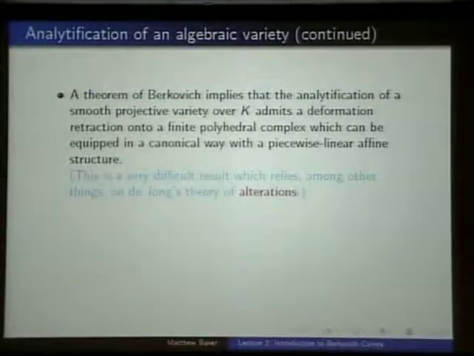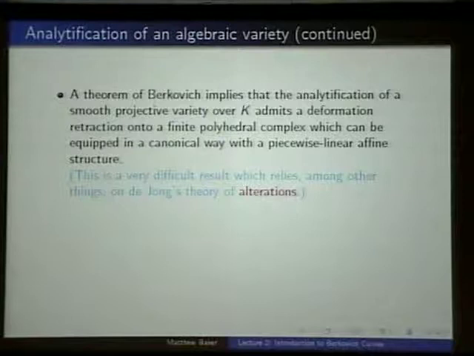And a theorem of Berkovich says, it's somehow much more general than this, but it implies that if you take a smooth projective variety over K, then the associated space admits a deformation retraction onto some finite polyhedral complex, which has some canonical piecewise linear affine structure. But this is related to resolution of singularities, and it's a very hard theorem.